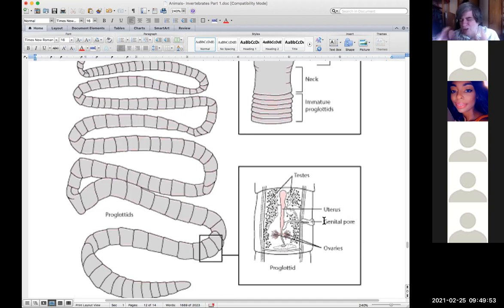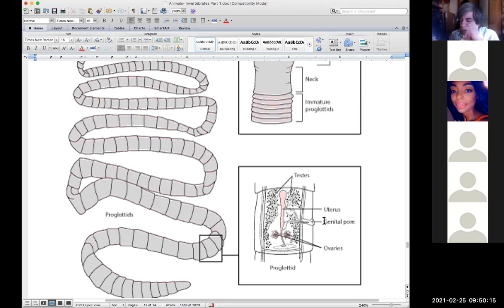But in most species, fertilization is just inside this proglottid. Now, you might think, since the eggs and the sperm are both made by the same organism, that this is going to be asexual reproduction. But because they're made by meiosis, this is sexual reproduction.